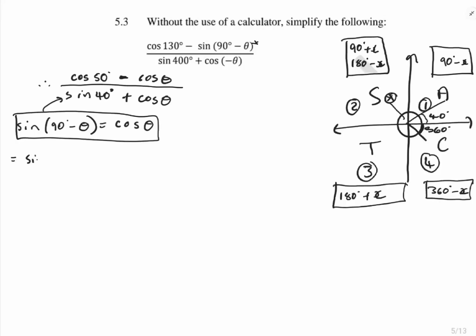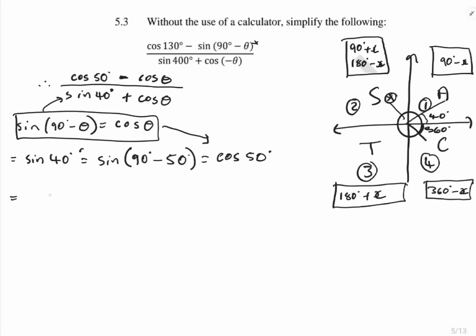If I want to represent sine 40 degrees in this manner, we can say sine of 90 degrees minus 50 degrees, since 90 minus 50 is 40. Then this changes to cos 50 degrees, which is the principle we just applied. Nothing new, something you are expected to know.